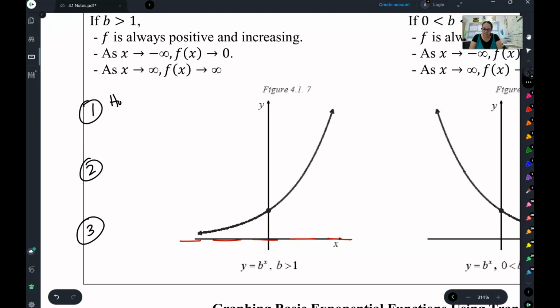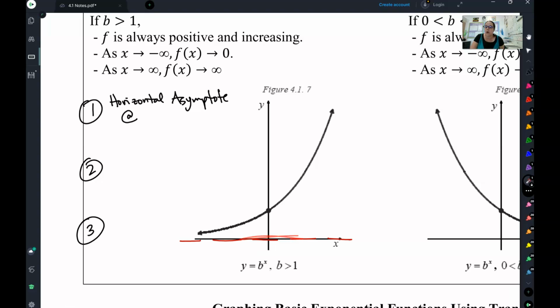So this is a horizontal asymptote at, now, is this asymptote x equals 0 or y equals 0? We know that this asymptote is y equals 0 because it crosses the y-axis. If it crosses the x-axis, that's x equals 0. So this is a horizontal asymptote at y equals 0.